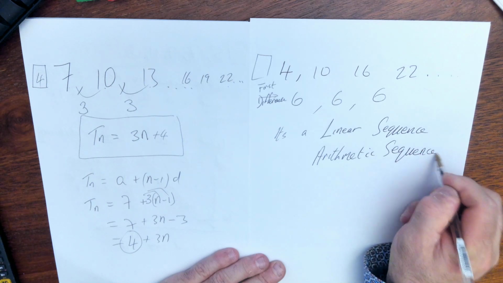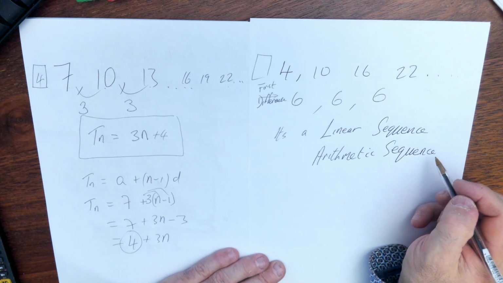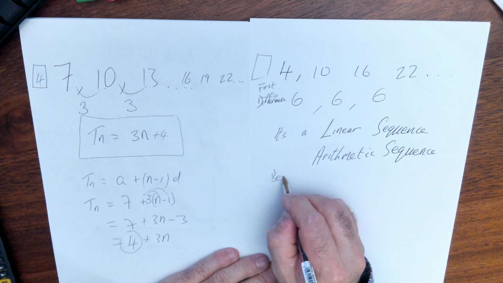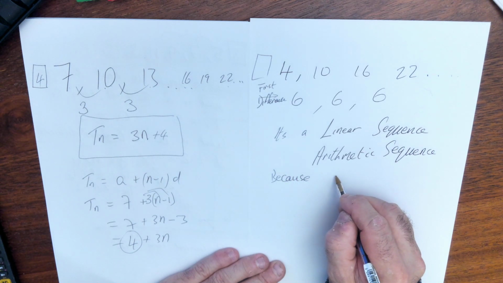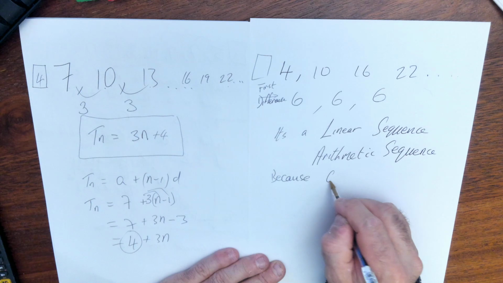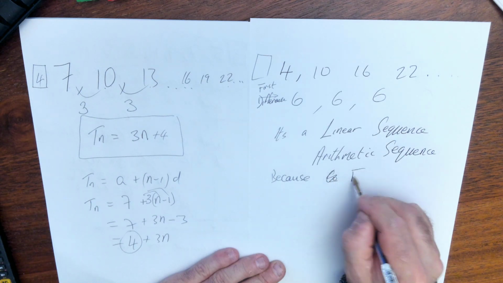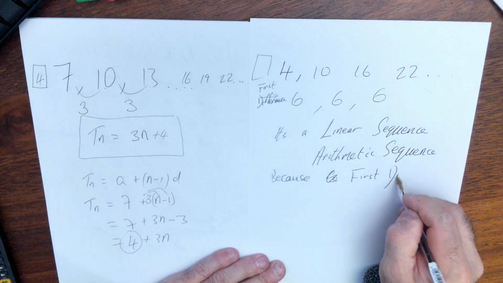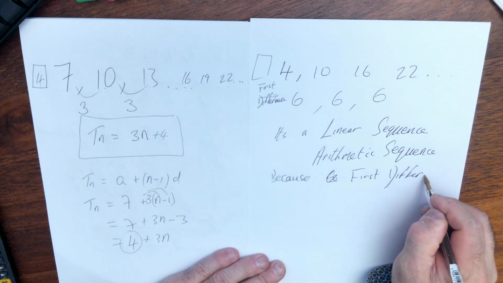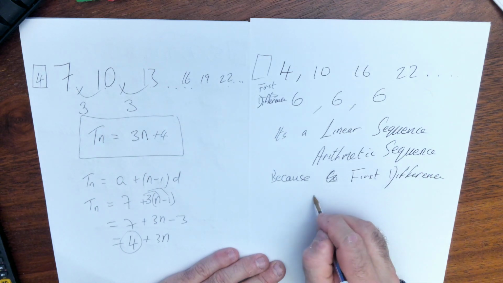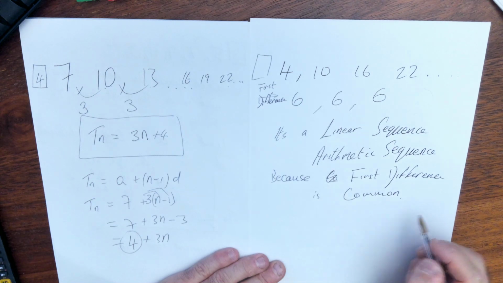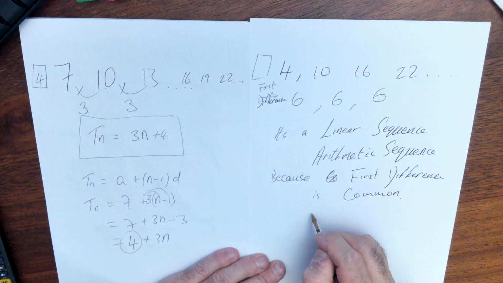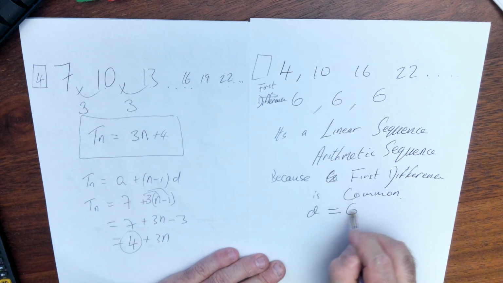You will always be asked to justify it, because the common, or we call it the first difference, by the way, the first difference, you could say, is common, meaning it's not changing, or you could say the first difference, d equals 6.